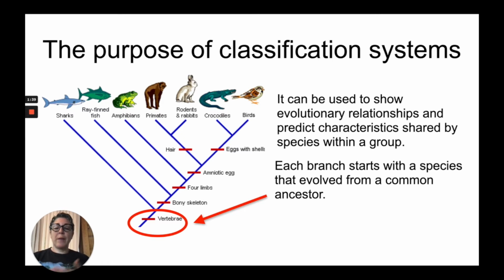And that will continue on until you get all the way down to the species level. So in this type of diagram, you can see how organisms are related to each other and can help you to predict characteristics for species that are within a particular group.